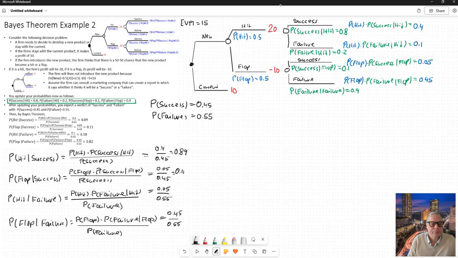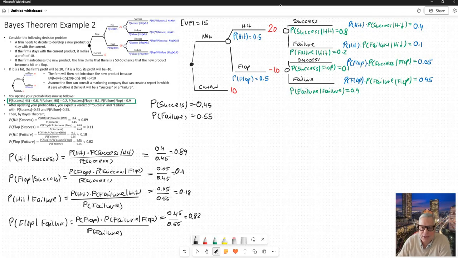And if they tell you it's a failure, you think it's a hit at only 18%. And likewise, you think it's a flop with a now higher chance of 82%. Okay, so those are the updated probabilities for hit and flop, given additional information, which however is imperfect.